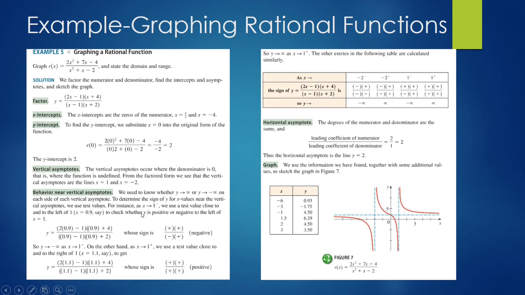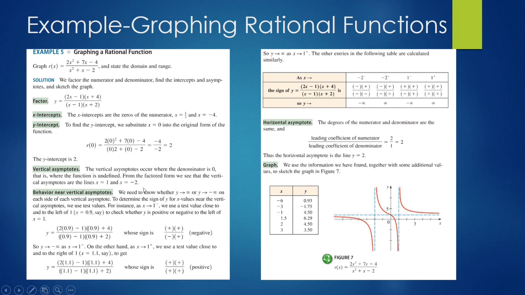Pick a value that's greater than 1, say 1.1, plug it in, and you end up with negative and positive. So your end behavior from the left is going to be approaching negative infinity. The end behavior on the right is going to be approaching positive infinity.